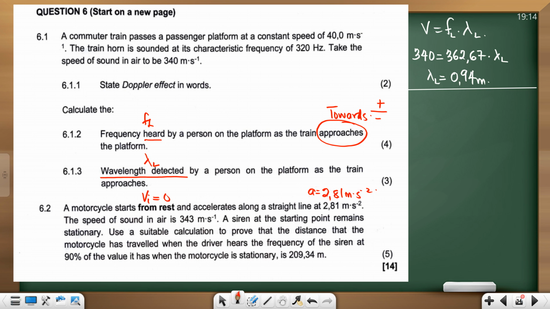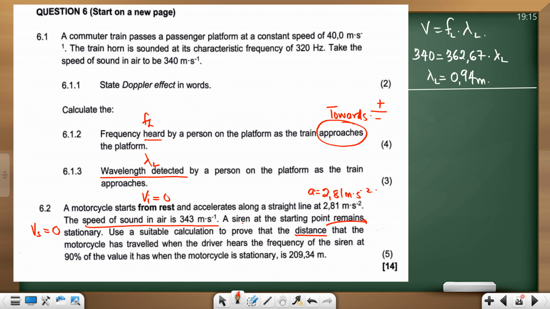The speed of sound in air is 343. Okay, they've changed everything now. A siren at the starting point remains stationary. The siren, which is going to be my source, right? So Vs is equal to what? 0.